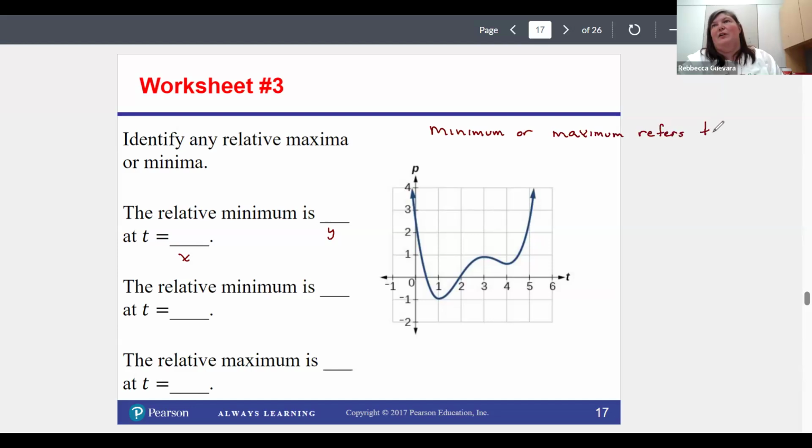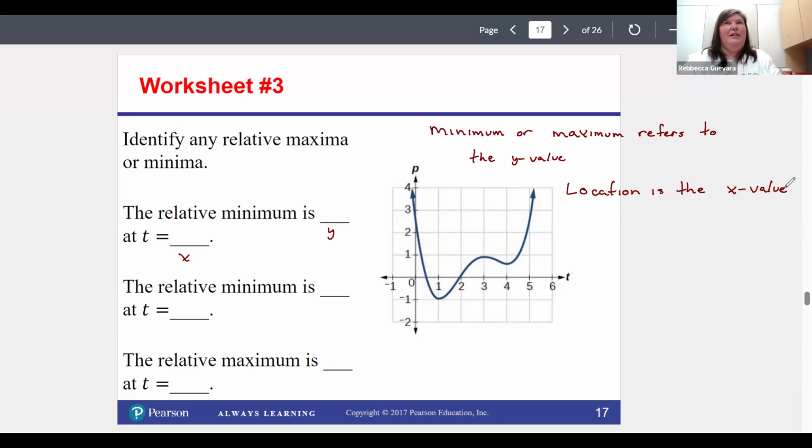And the location is just going to be that x value. Those tend to get a little confused, but like I said, location is just the x, and then the minimum or the maximum is the y value at that point.